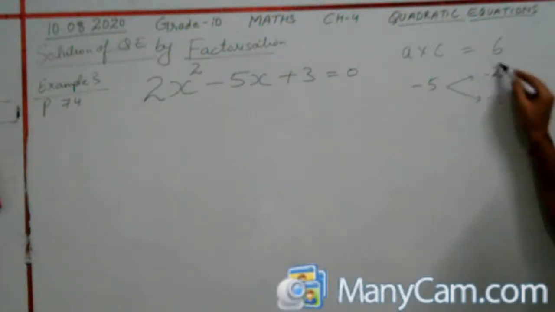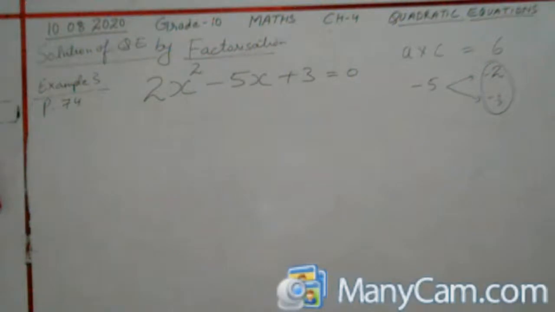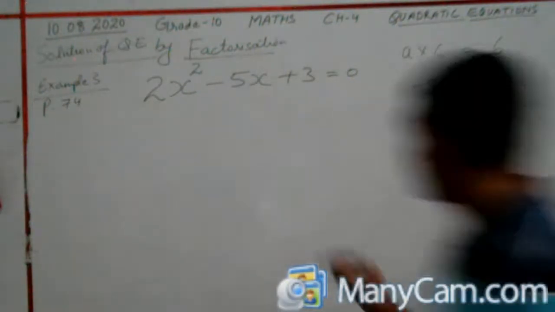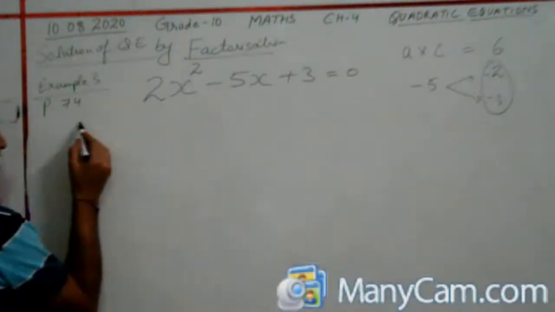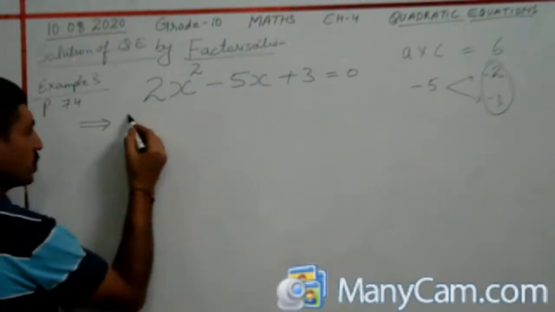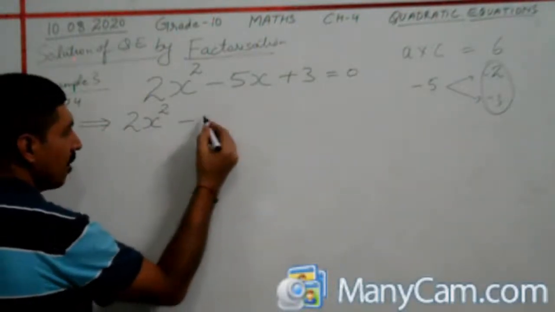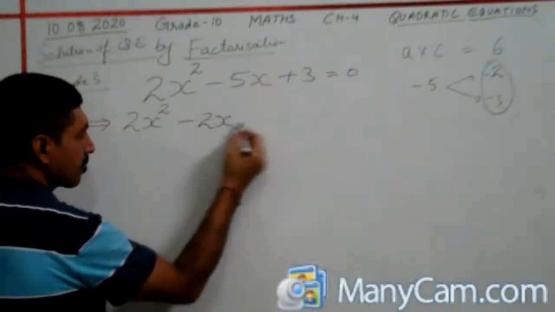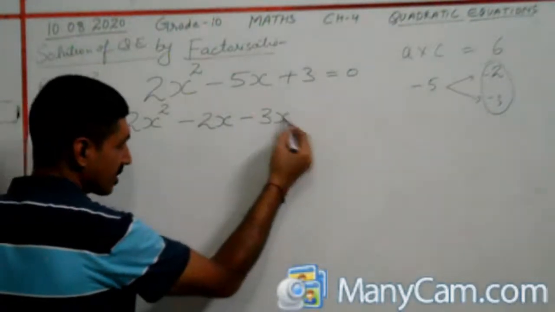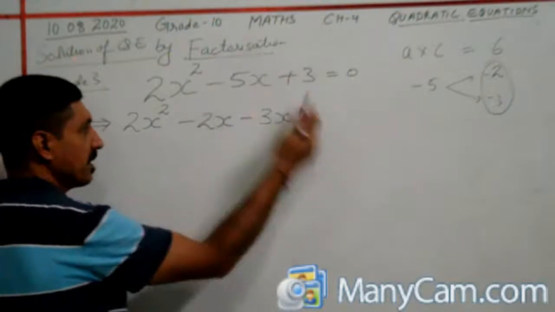When we multiply them, we get 6; when we add, we get minus 5. So this implies 2x square minus 2x minus 3x, by splitting the middle term.